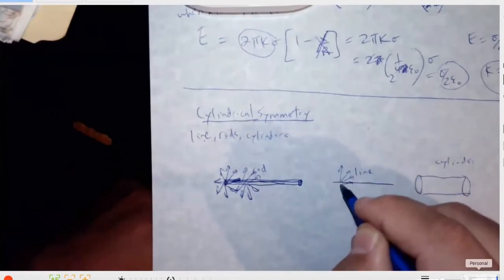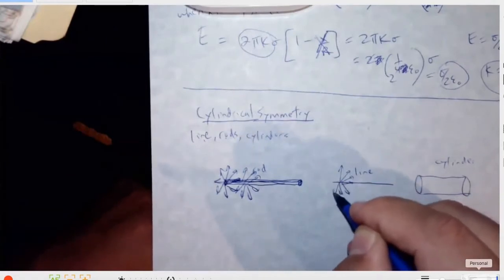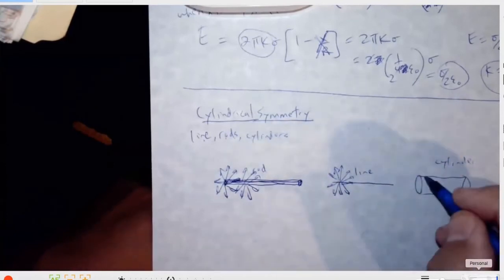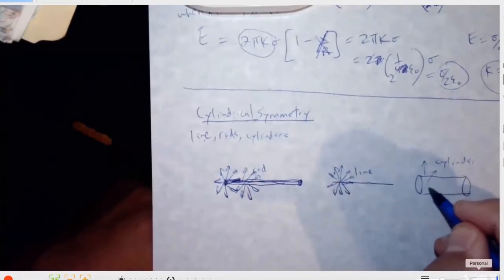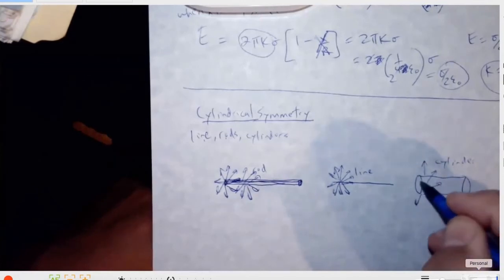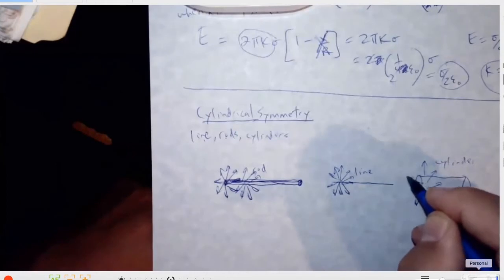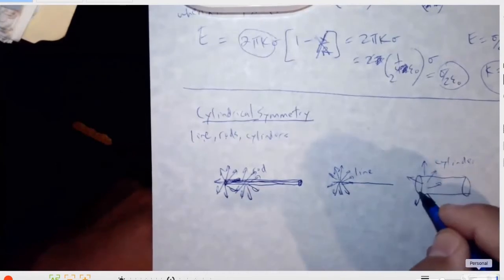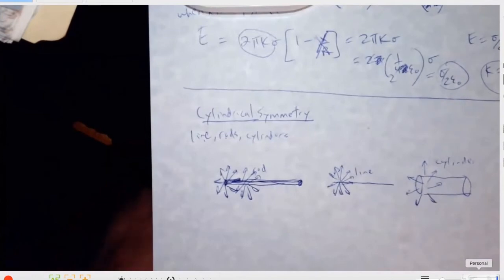Same thing with this. Kind of makes it like a circle. And then same thing here. And then on the other side, it's hard to draw. But that cylindrical nature doesn't last that long.